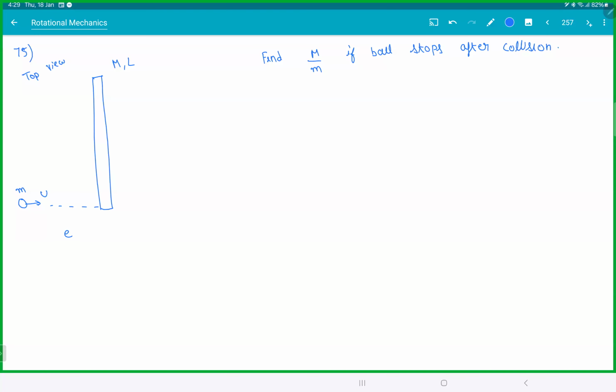The answers. One thing I'll tell you: steps are the same. Draw the final diagram. Game starts from there. Draw the final diagram. Try to conserve momentum. Try to use restitution. Try to use angular momentum. Somewhere it comes. Basically, here what I gave you is that the final velocity of the ball is zero.